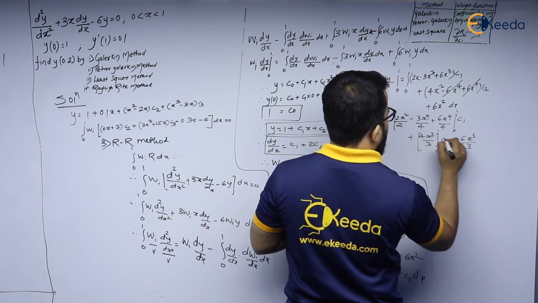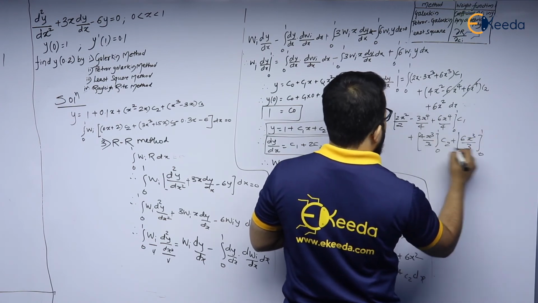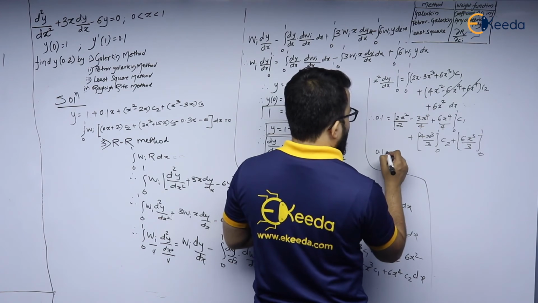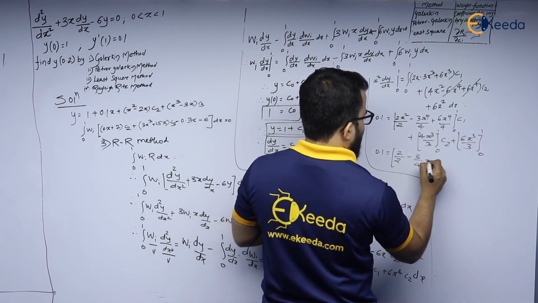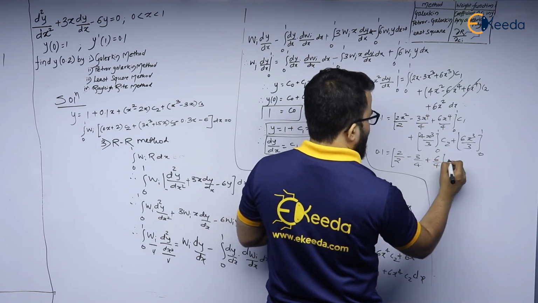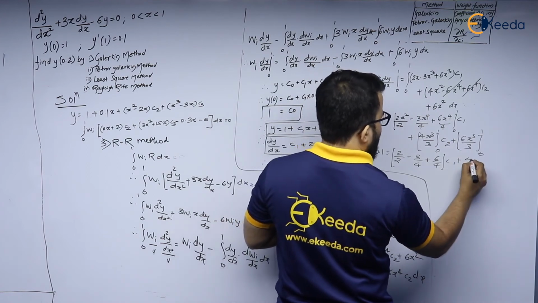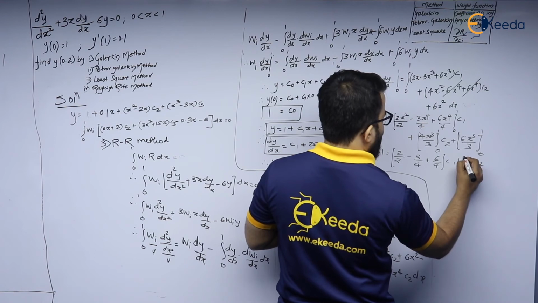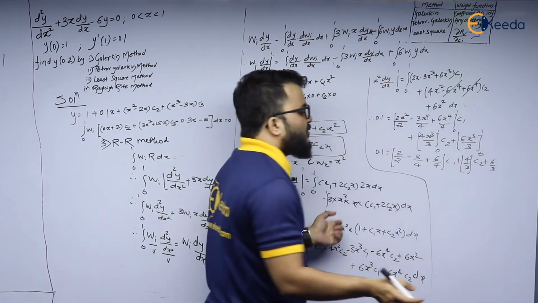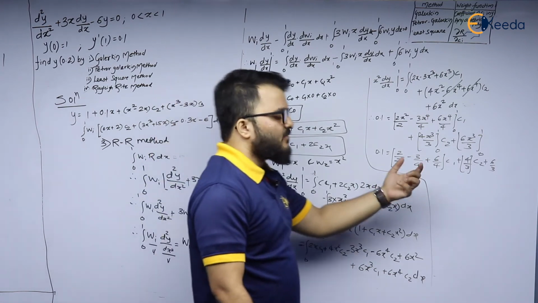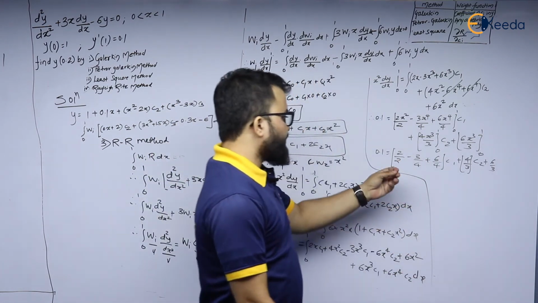You will write the upper limit and lower limit. So if I put this in the upper limit and lower limit, my equation becomes 6 by 4 into c1, same as it is, 4 by 3 into c2, and this becomes 6 by 3. Now I will put this in the calculator and I will get the complete equation.